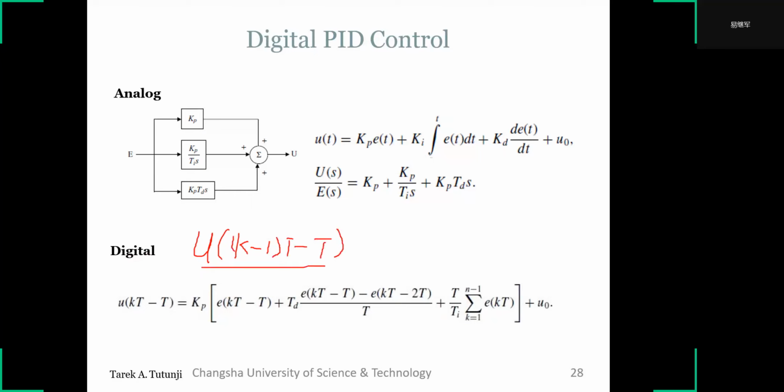Here is k minus 1, this is U(k minus 1). We can subtract the two equations, so we can get the other form of digital PID control. So according to this type, we can calculate the PID control.